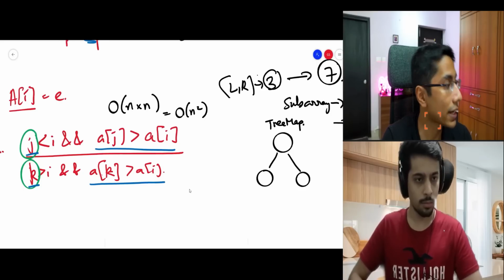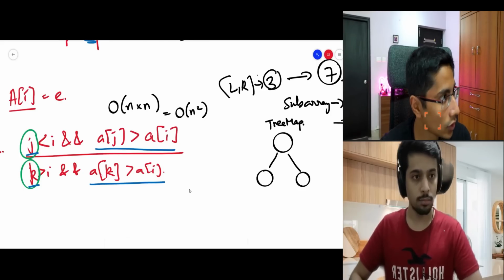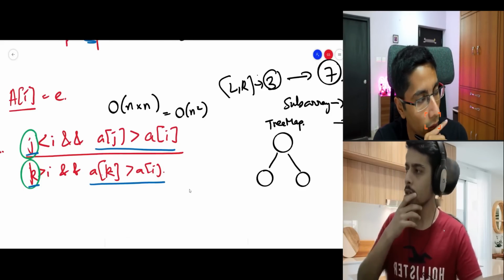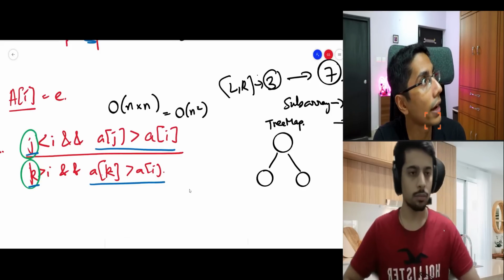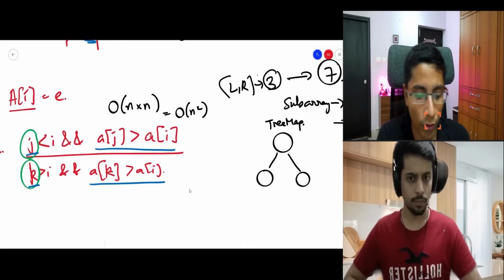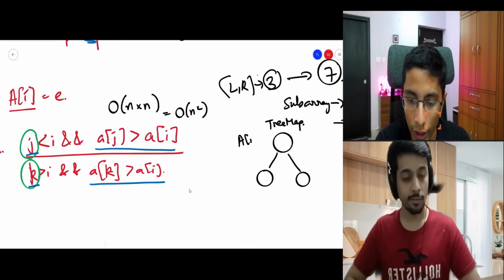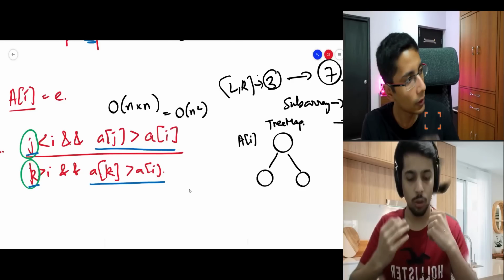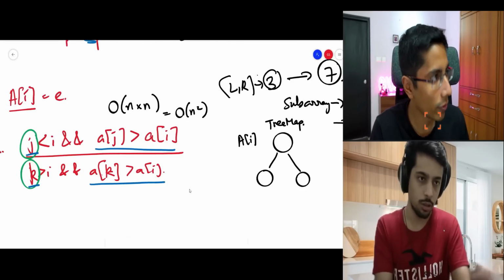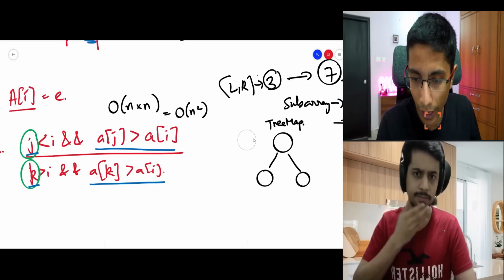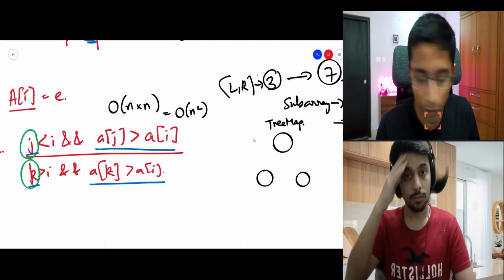I can ask what is the next greatest element to the right-hand side of a particular element A of i. Your query is: tell me the next largest element to the right for A of i. One of the things is I can be a little clever about this.